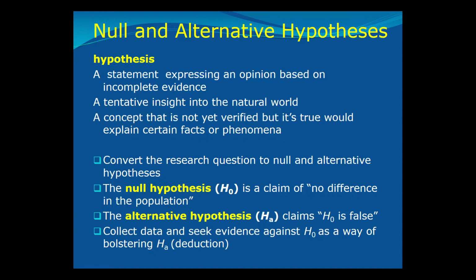Then we need to collect data and seek evidence against the null hypothesis as a way of bolstering the alternative hypothesis. This method is called the deduction method. So if we can prove that there is evidence against H0, we can bolster HA.